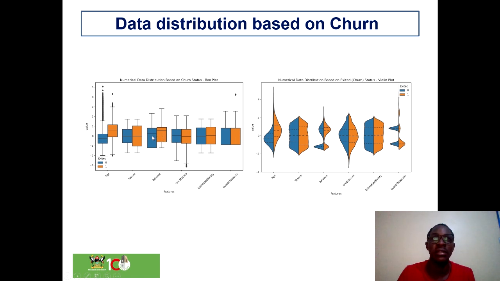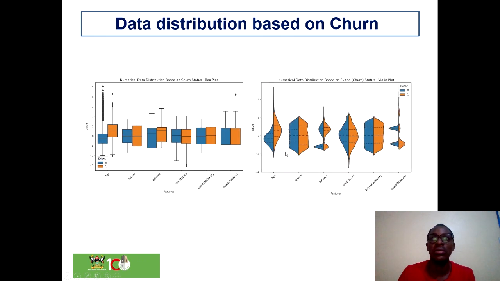We see that the median bank balance is lower for the people that are staying with the bank, and then higher for the people that leave the bank. And this probably implies that it's mostly the people that have more money that are most likely to leave. Same with the estimated salary. You see that again, people that have a slightly higher estimated salary are the ones that are more likely to leave the bank.